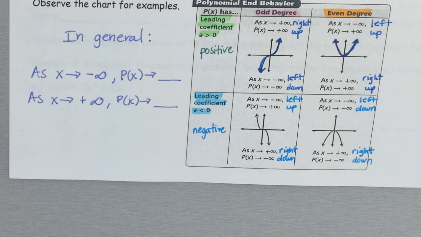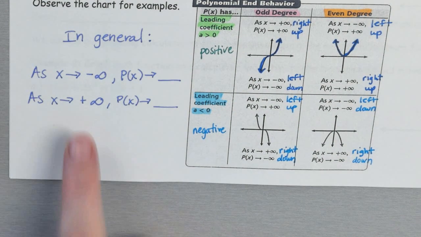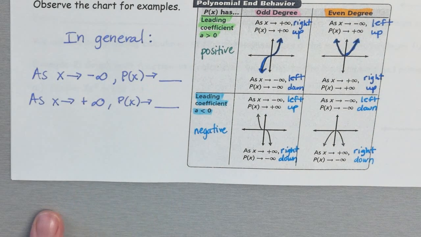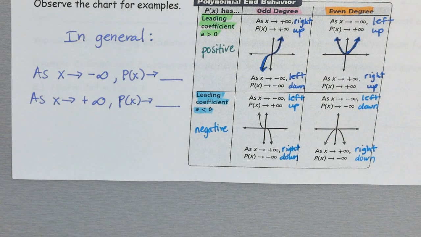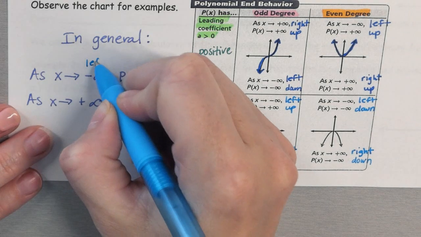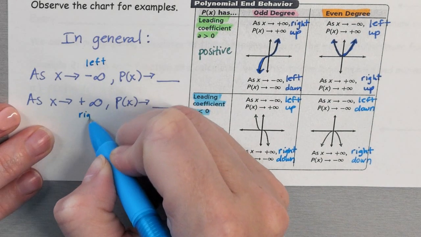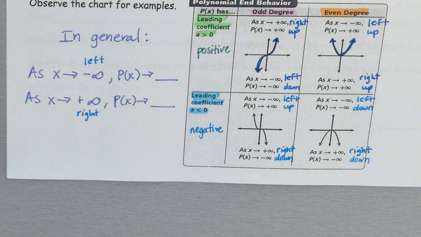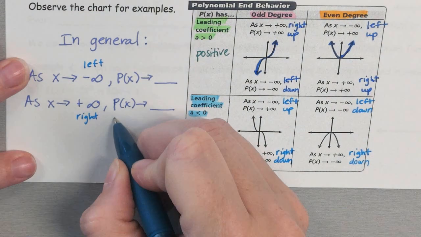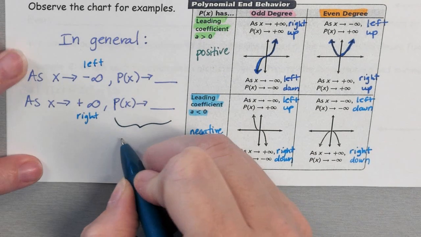Okay, so in general, you can say as x goes to negative infinity, what does p of x do? As x goes to positive infinity, what does p of x do? Because then what you're saying is this is what happens on the left side, this is what happens on the right side. Now, to determine where it's going, we are going to learn how to fill these in.